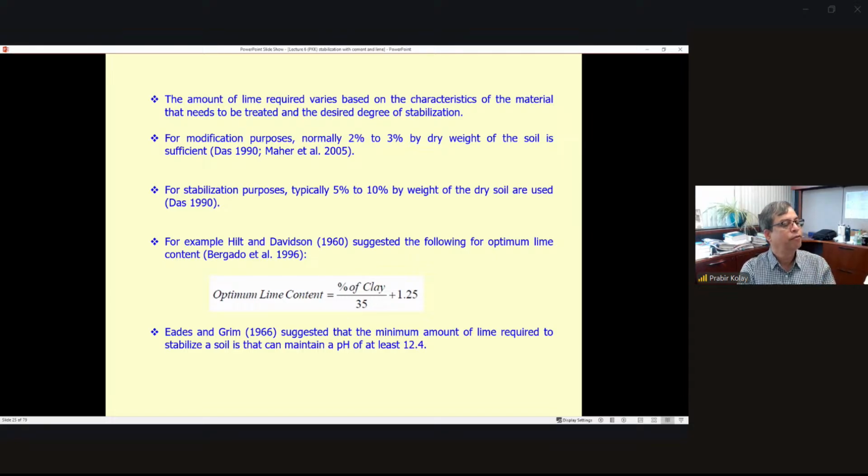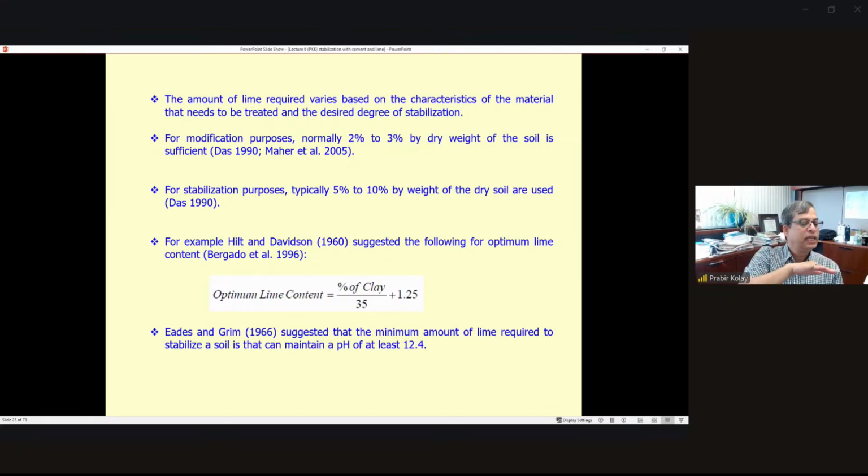So how can you find the optimum lime content? You can calculate it as the percentage of clay divided by 35, plus 1.25, as given by Bargado. That gives the optimum lime content to stabilize the clay. We also need to check with different trials. You take some clay, add different percentages of lime, and measure the pH.